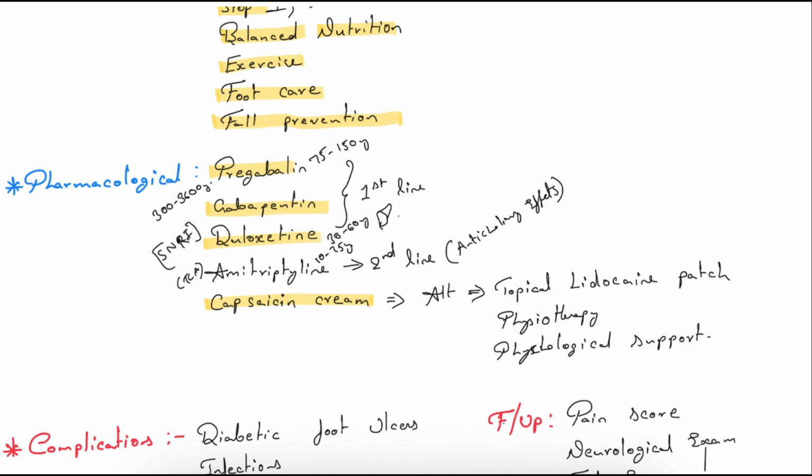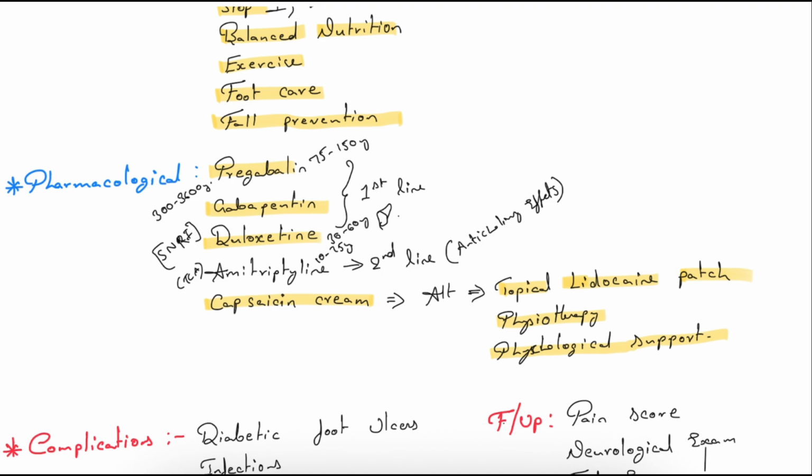The main indication is that it will help with local pain, and it will cause a burning sensation. So in alternatives, we have topical lidocaine we can use, lidocaine patch, or physiotherapy we can do, or psychological support we have to give, and capsaicin cream also we can use.